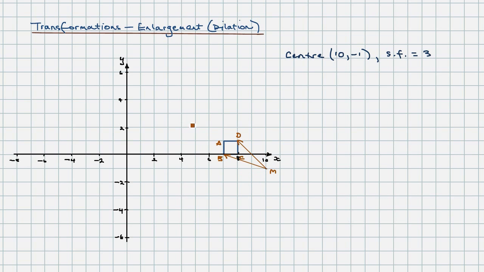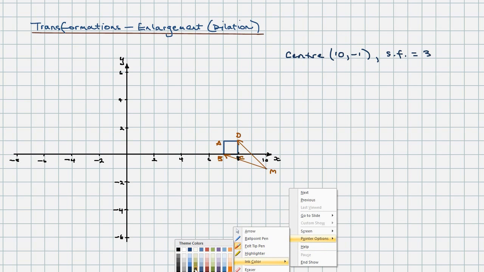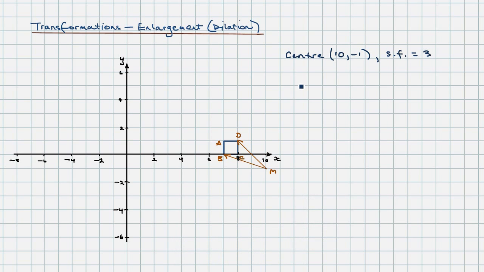So we're going to scale up by a factor of 3. Okay, now this time we're going to write it out like this. Let's call this problem A. We're going to start with working out where D prime is going to be. So M to D, let's first of all work out what the values are for the vector.